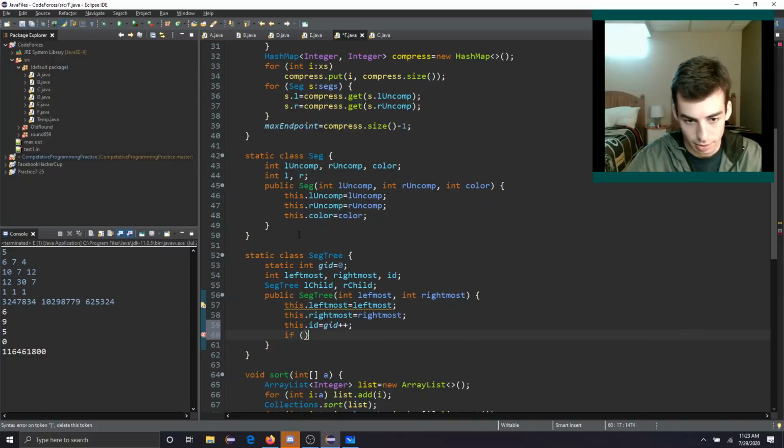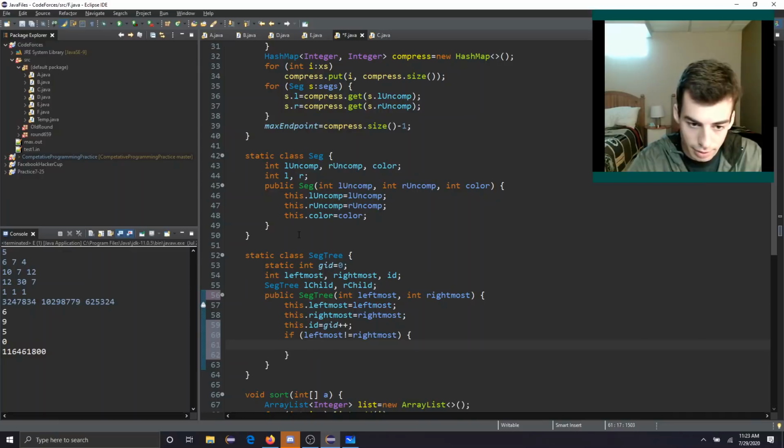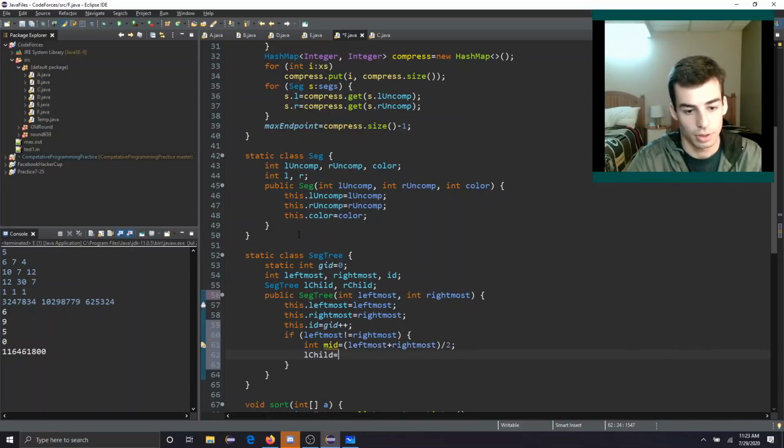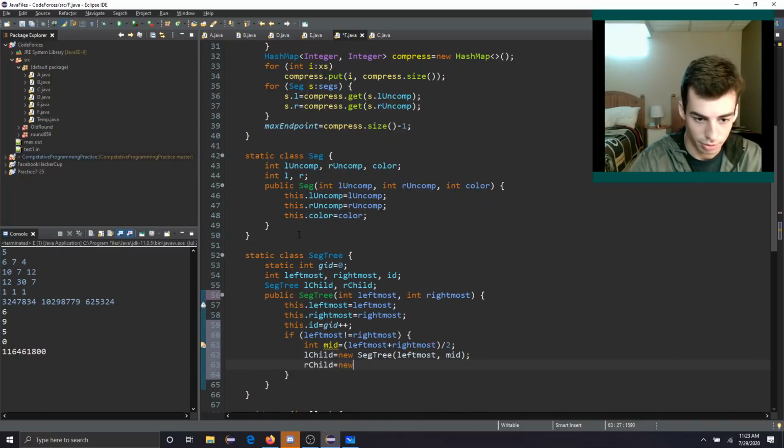If leftmost not equal to rightmost, then mid equals new seg tree from the leftmost to the mid. Our child equals new seg tree from the mid to the rightmost.